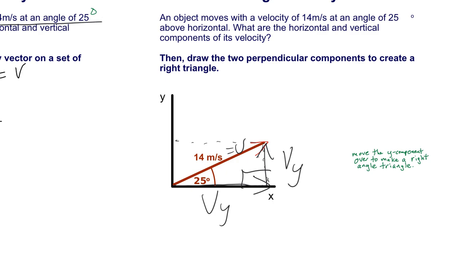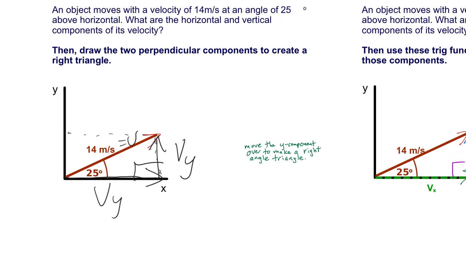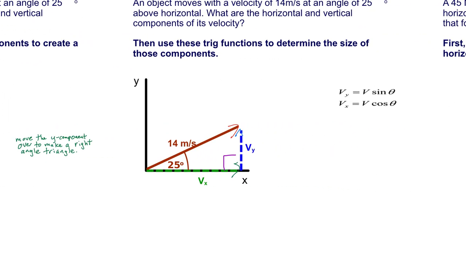Now my right angle triangle. And so right here, the y component is the opposite side, so it's V sine of theta. So Vy is the opposite side.